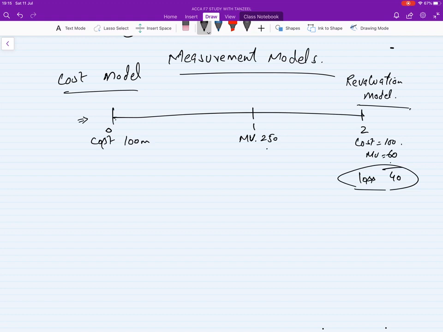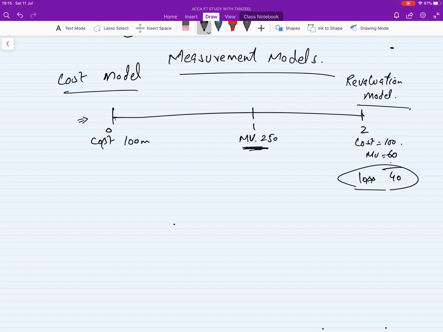If you have a property, one building in the best area, say in London, and you have one property in the countryside near Bolton or in cheaper areas. The cost value was 100 million, but at year one one goes to 50.